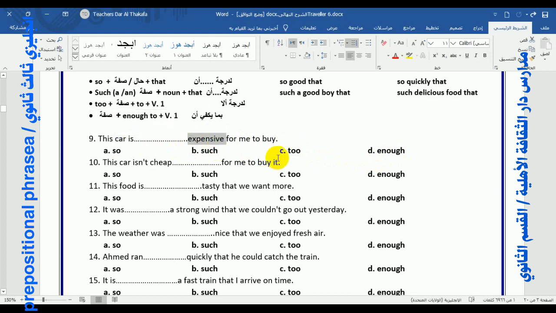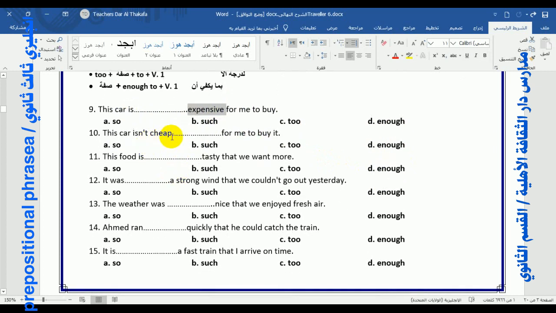This car isn't it cheap, adjective? Yes, enough: very good enough. This food is so tasty that, or such tasty that? There's that, so tasty that, because it's only an adjective.